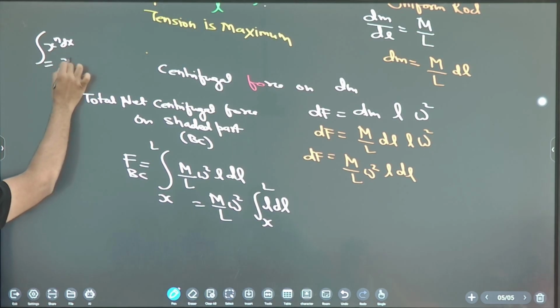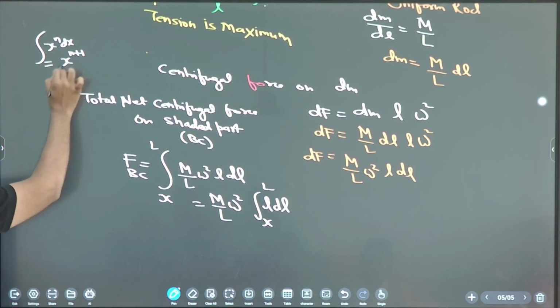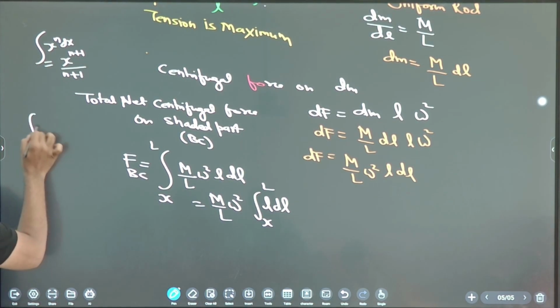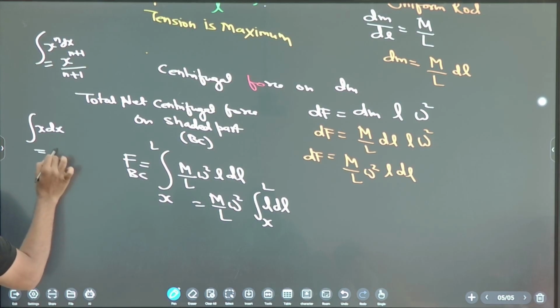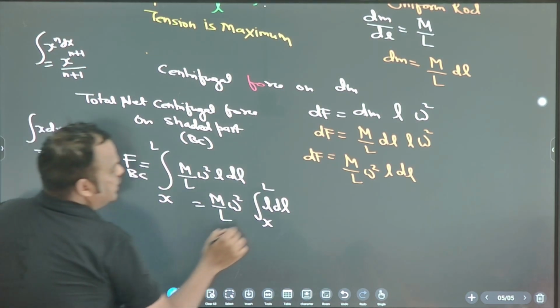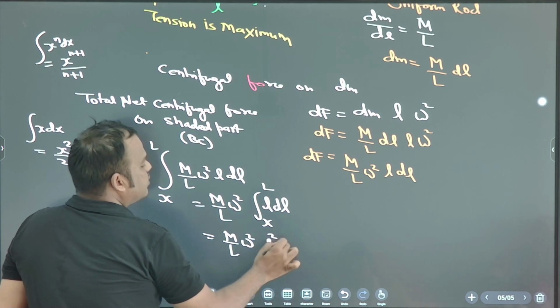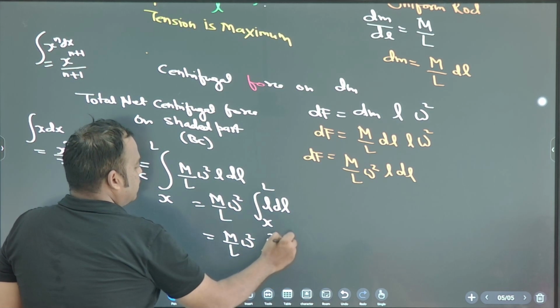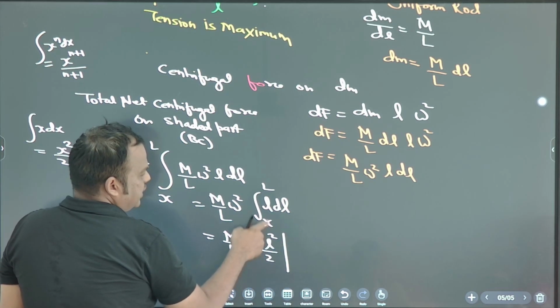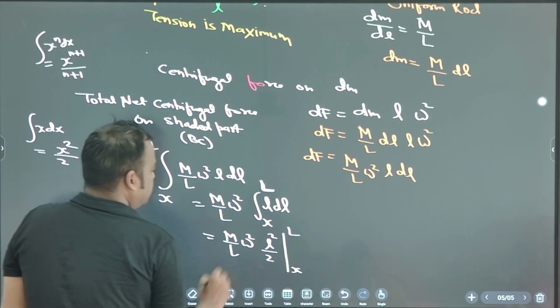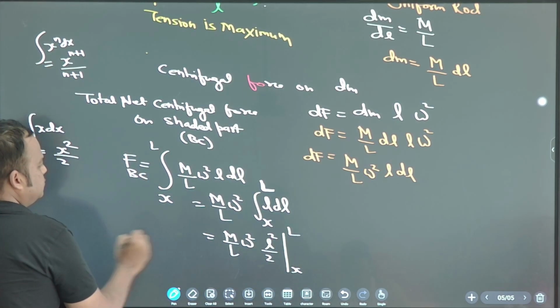It is x power n plus 1 by n plus 1, correct? So what is the integration of x dx? x square by 2. So the integration of L dl is L square by 2, correct? Now limits, you have to put limits x to capital L. Now substitute limits.